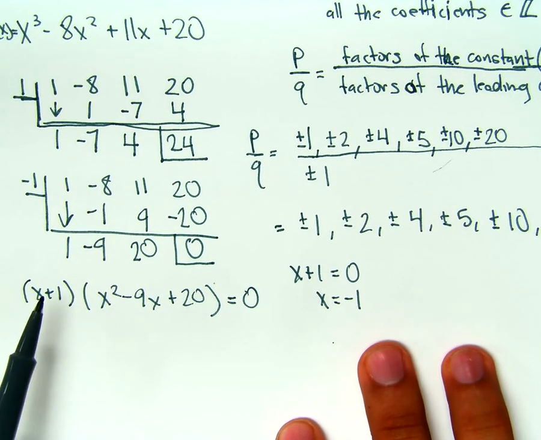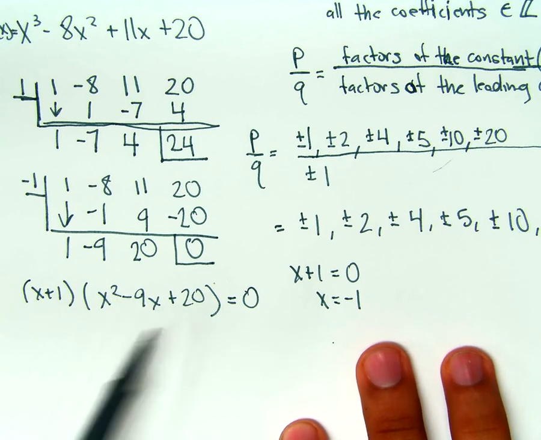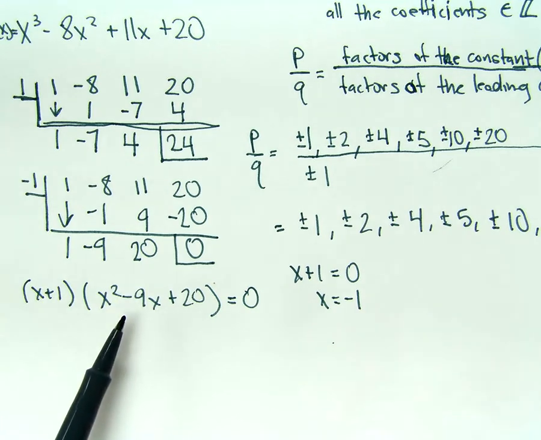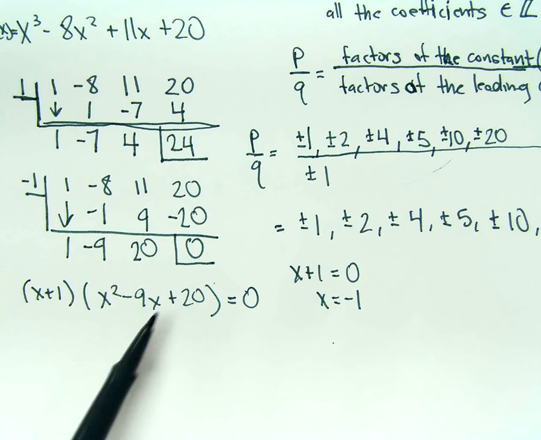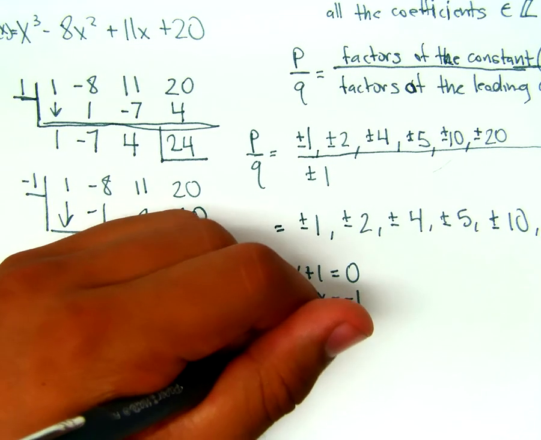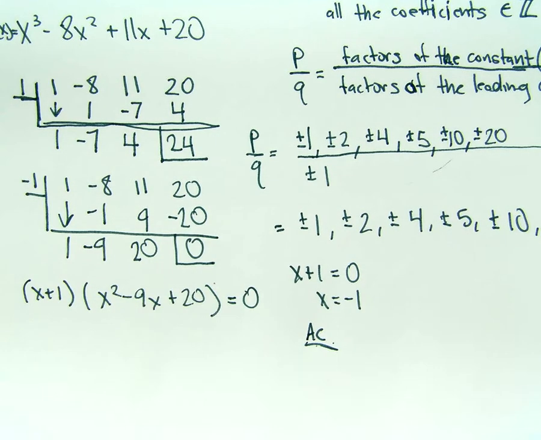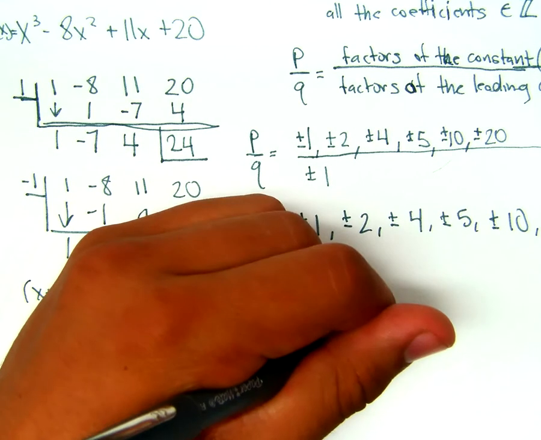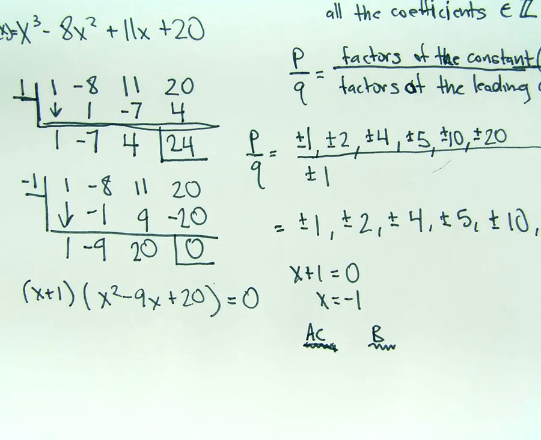okay? Now, can we factor this? Can we break this down further? All right, how would we do so? What method would we use? How many terms are there? Yes, AC method. There's 3 terms, so we can use the AC method. Okay? So, can we use the shortcut? Yeah, we can use the shortcut. Okay, so what is AC? 20.